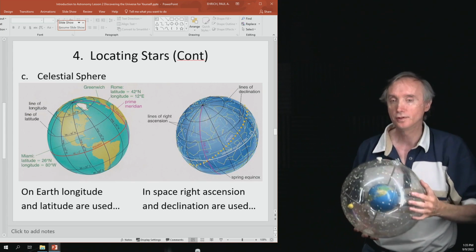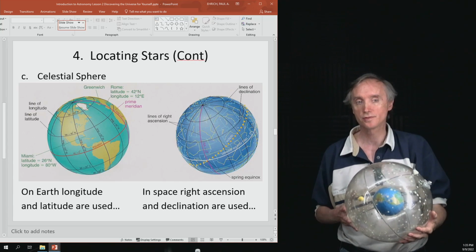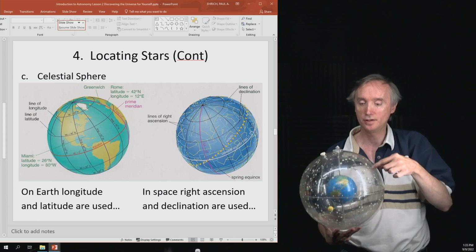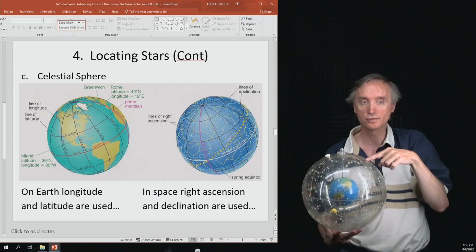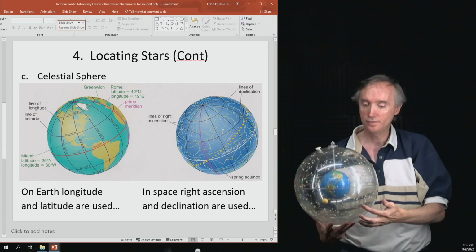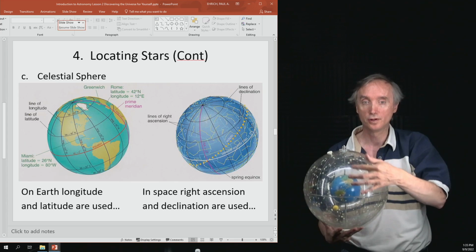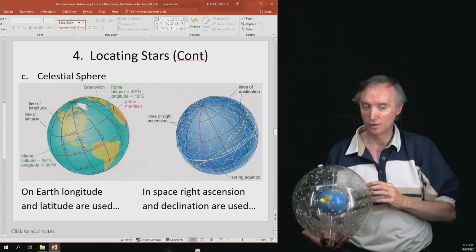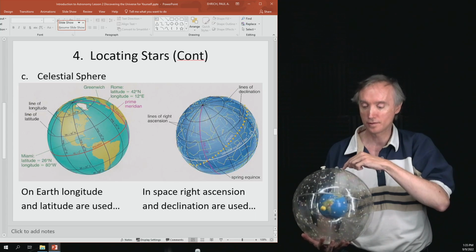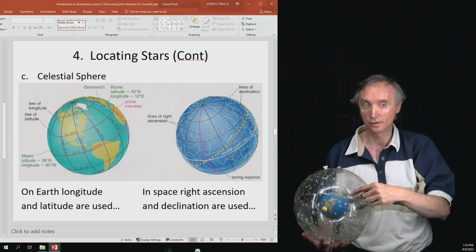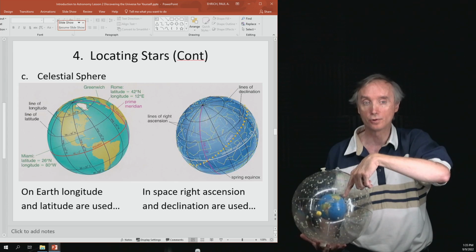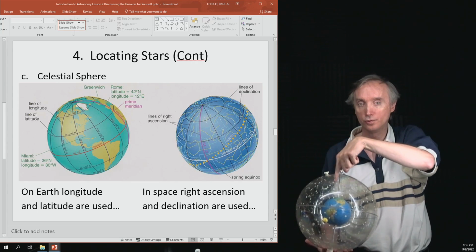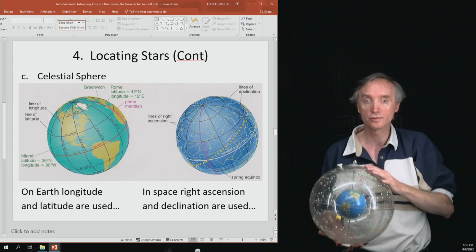So what we do is we're going to use a similar set of coordinates to locate the stars in the constellations of the celestial sphere. Instead of using the word longitude, we're going to use right ascension. It's going to go from a 0 mark on here, and then it's going to go in hours. So it's going to go 1 hour, 2 hours, and then all the way around would be 24 hours.